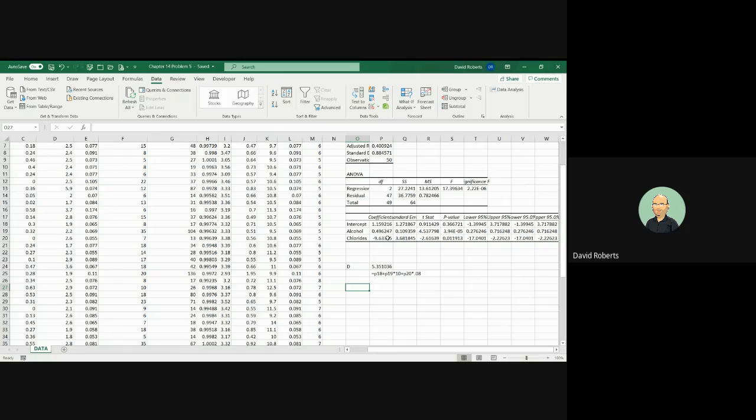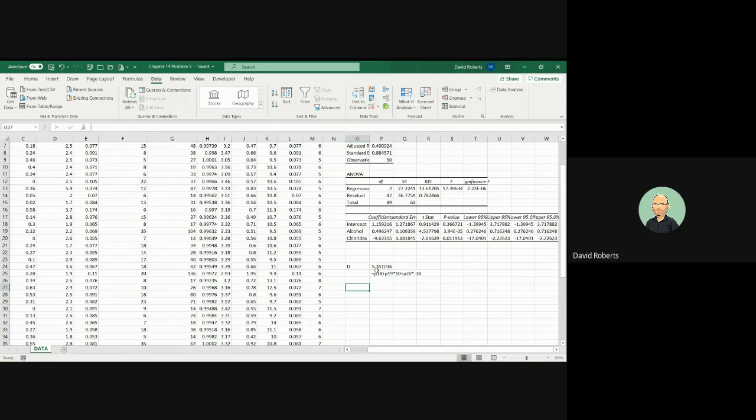And you can refer back to chapter number 8. So that would be the answer for E. And then a 95% confidence interval for the prediction interval for the individual wines. That is in part F.